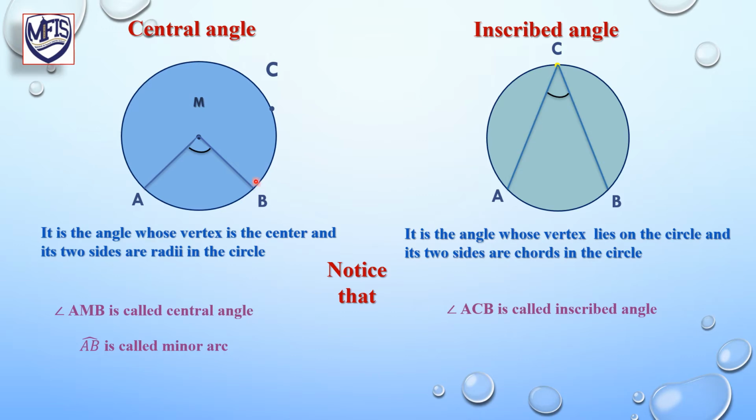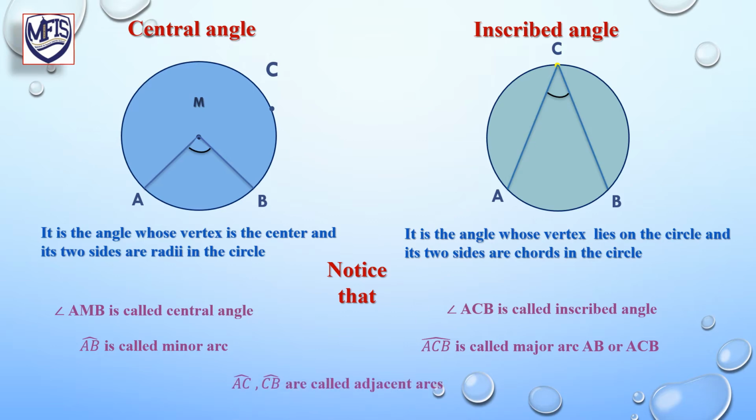Again, if I want to talk about the longest arc AB, so I can say arc ACB using three letters, or measure arc AB means the greater arc AB. Arc ACB is called measure arc AB or arc ACB.